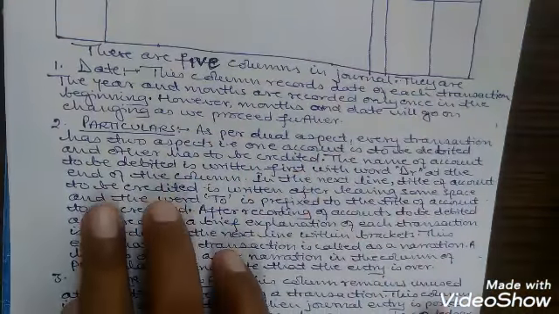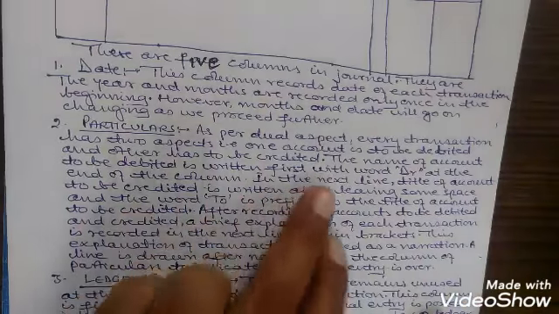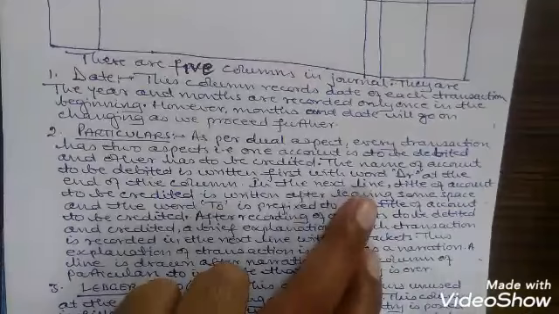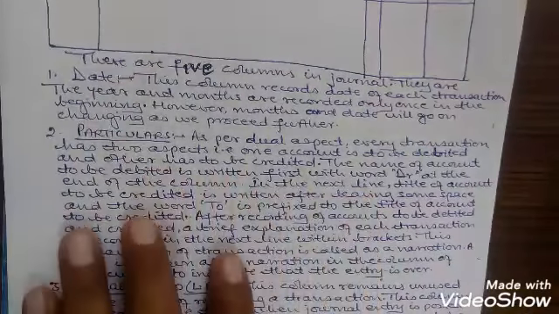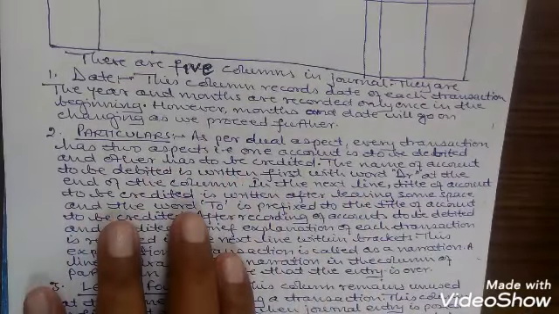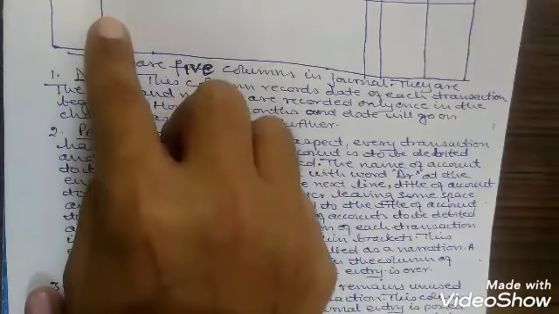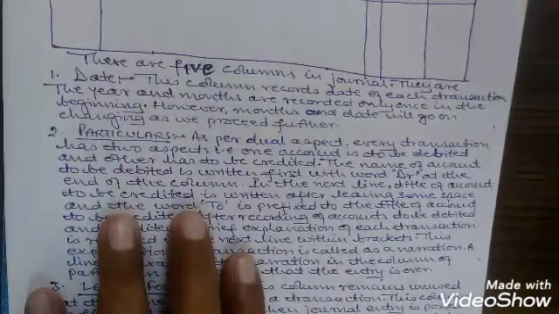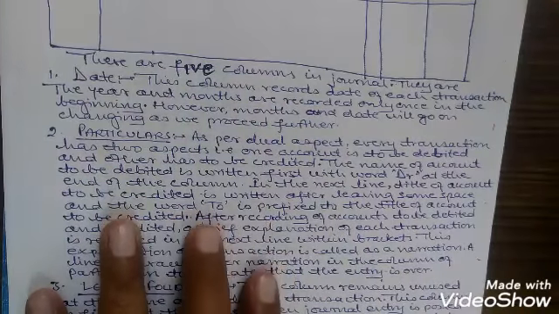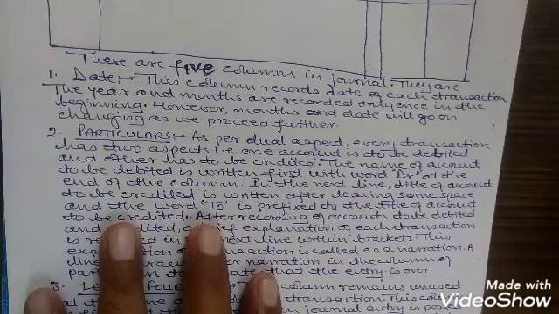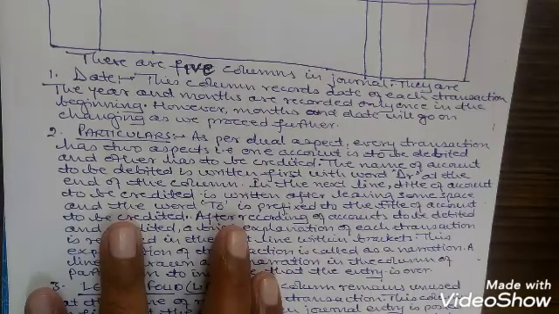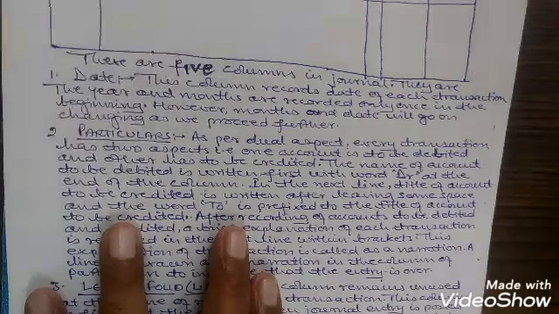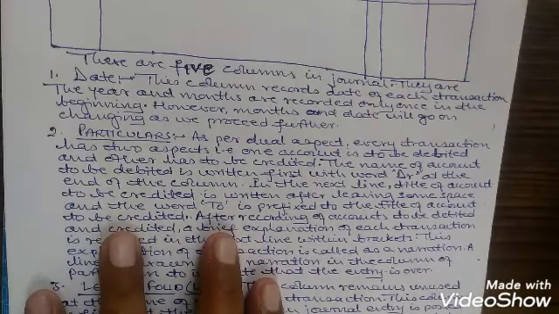At the end of the column, in the next line, title of account to be credited. The title of the account that is to be credited is written after leaving some space, and the word to is prefixed to the title of account to be credited.